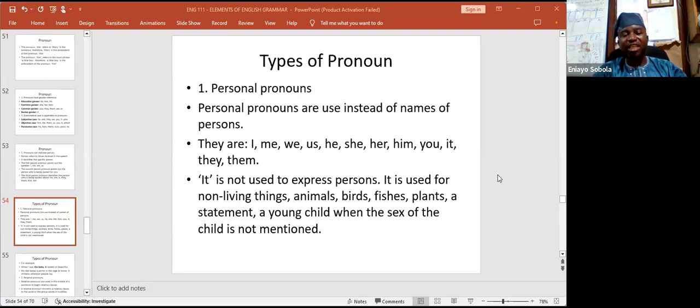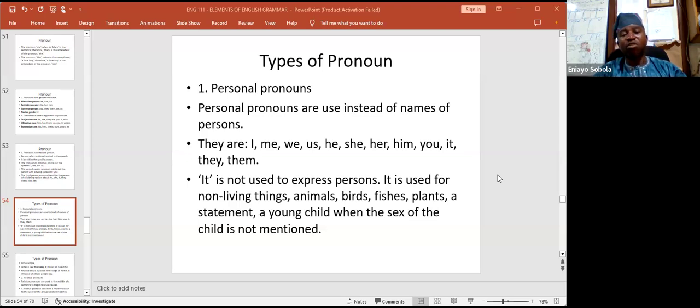But you should note that it does not express person. It's not used to express person. It is used for non-living things like animals, birds, fish, plants, statements, a young child when the sex is not mentioned.